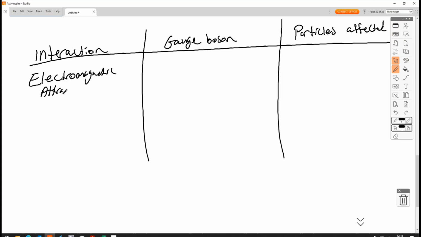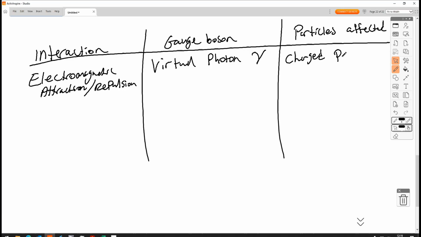And this is for both attraction or repulsion. The gauge boson is the virtual photon, which has symbol gamma, lowercase gamma. And the particles affected are charged particles. So anything that has a charge. So, for example, protons, electrons, muons, tau, plus their antiparticles.